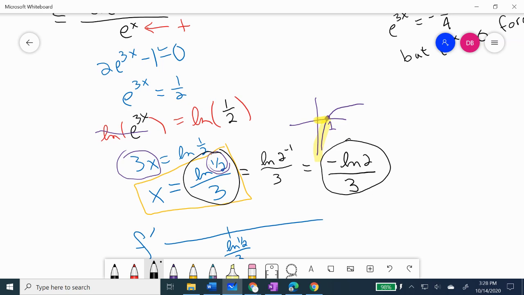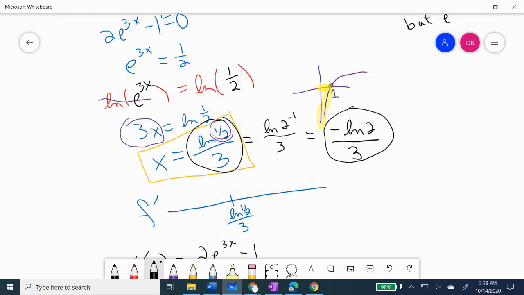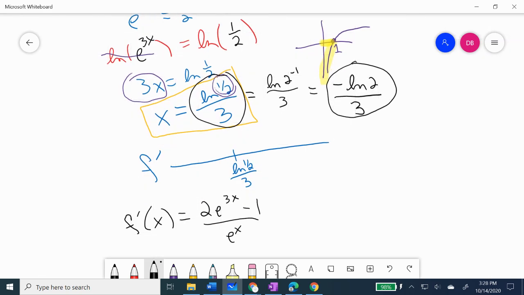Now, that one number is my only critical number, and I need to figure out where the derivative is positive and negative. That means I can plug any number into the x of my derivative, plug in any of these numbers that is smaller than the natural log of 1/2 divided by 3, and see if I get positive or negative.